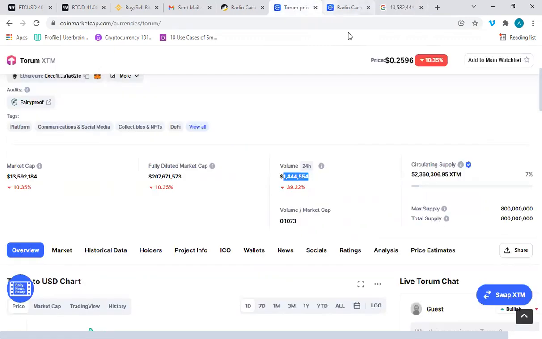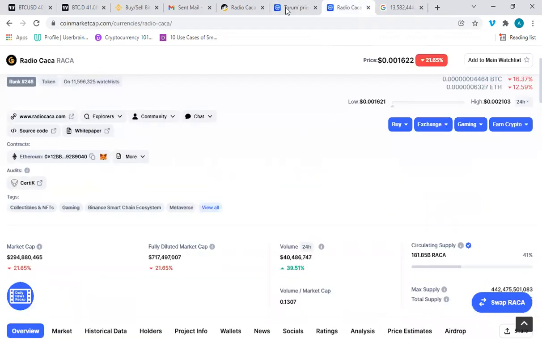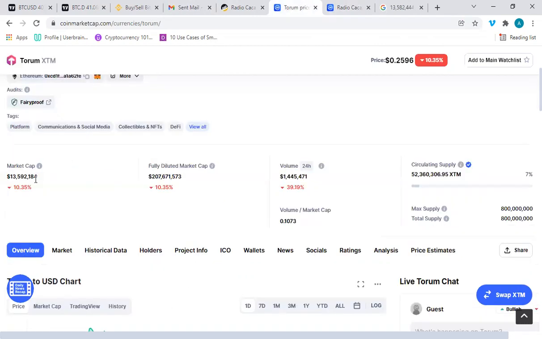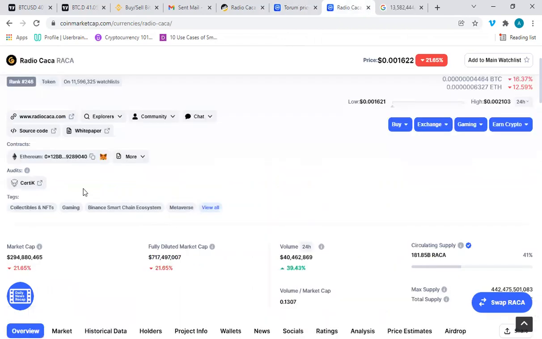Now let's check the other coin. Please know one thing: the market caps are not the same. I'm only trying to give you evaluations. So you cannot really compare them like that, but I'm just trying to calculate it for you. Now, for this one, I'll copy the market cap.